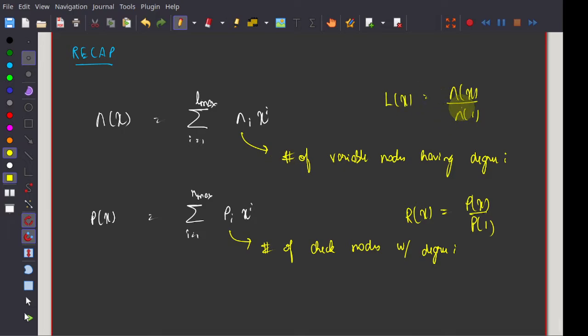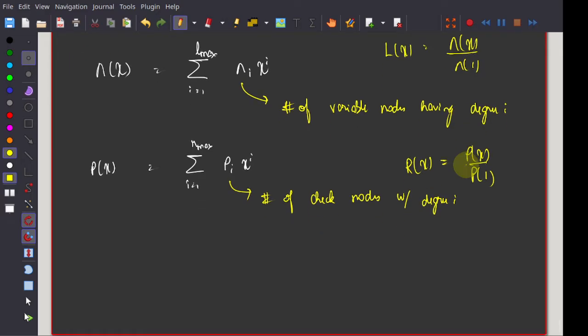In this case, you're only looking at the fraction of variable nodes, so it doesn't depend on what n is. This is a quantity which is independent of n. And we'll see that our goal will be to analyze LDPC codes in the asymptotic limit. So instead of characterizing specific LDPC codes, we are going to characterize classes of LDPC codes, all of which have the same degree distribution or normalized degree distribution.